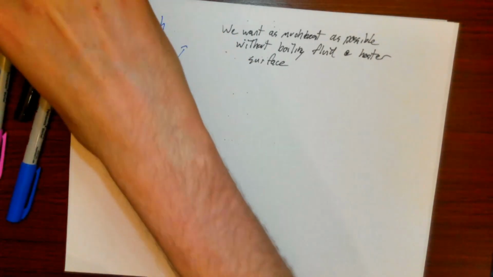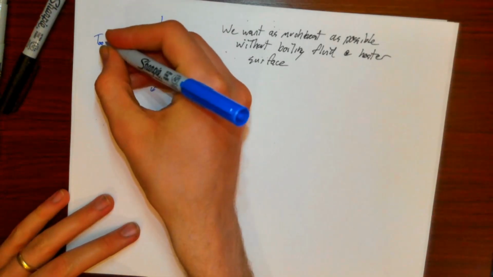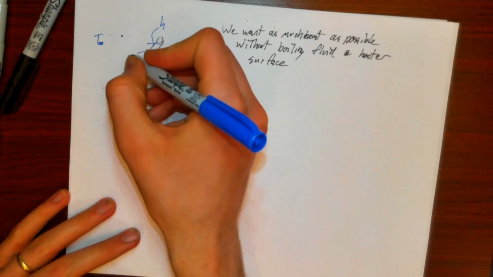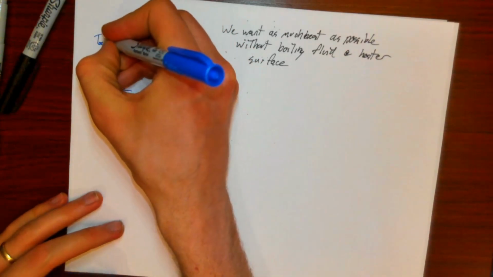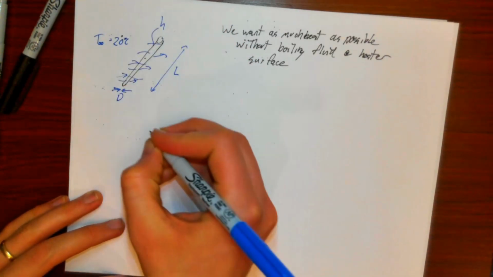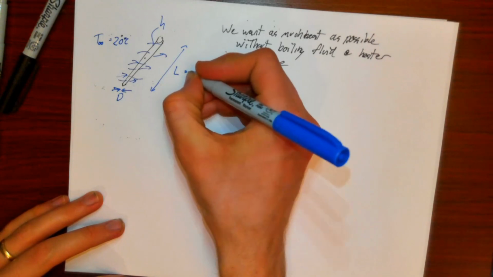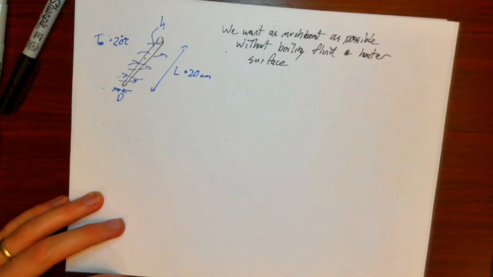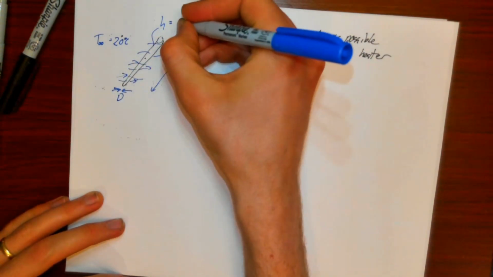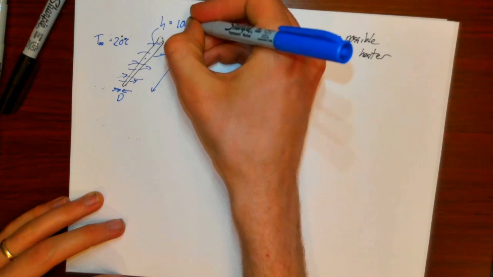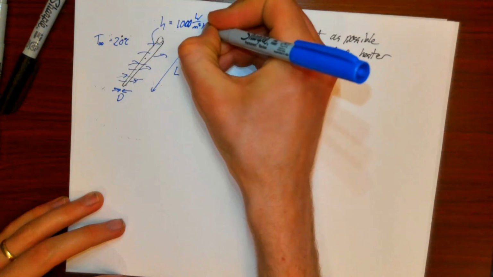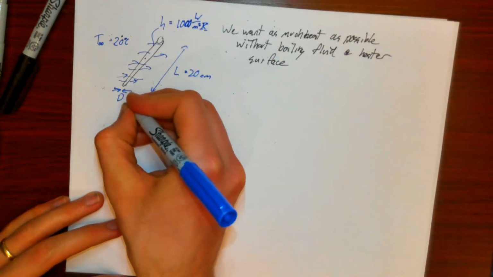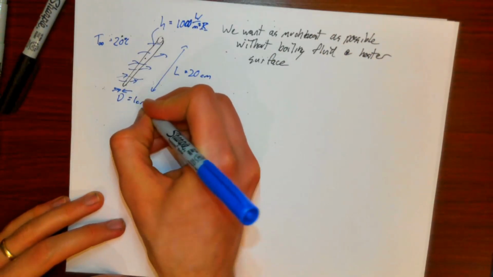So let's put some actual numbers to this. Let's say the fluid comes into the heating system at 20 degrees C. Let's say the length of this heater is 20 centimeters. Let's say the H is 1,000 watts per meter squared Kelvin. The diameter is 1 centimeter.